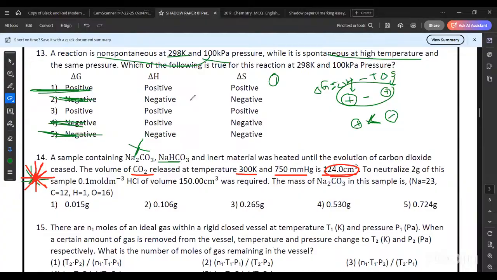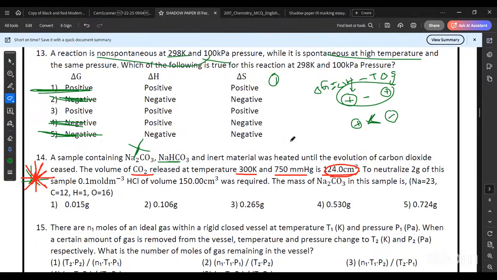Now, what are you going to do? Molar volume, yes. We are going to divide by 22.4, and that is the mistake which everyone makes.